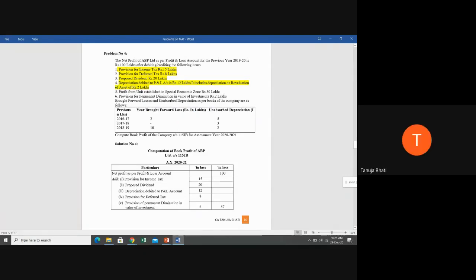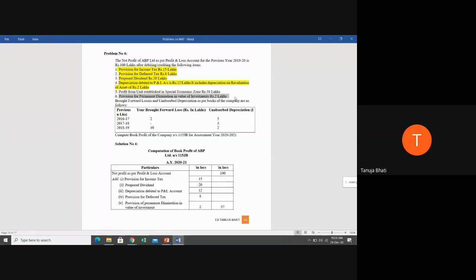Okay. Profits from the unit established in SEZ. This is nowhere given in the addition list or deletion list. Therefore, what we are going to do is ignore this particular item. Next, provision for permanent diminution in the value of investment, that is 2 lakhs.